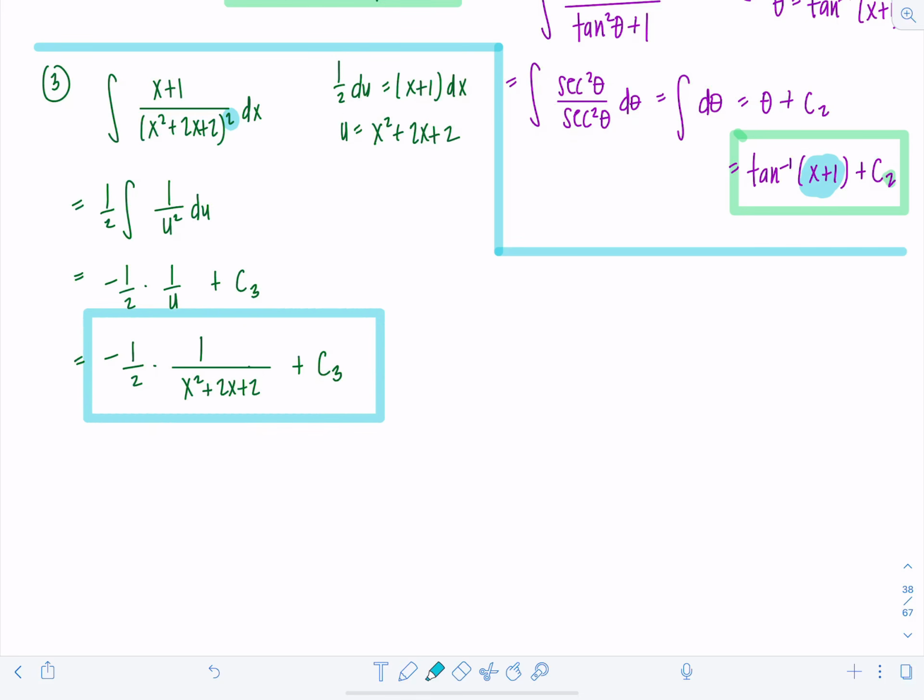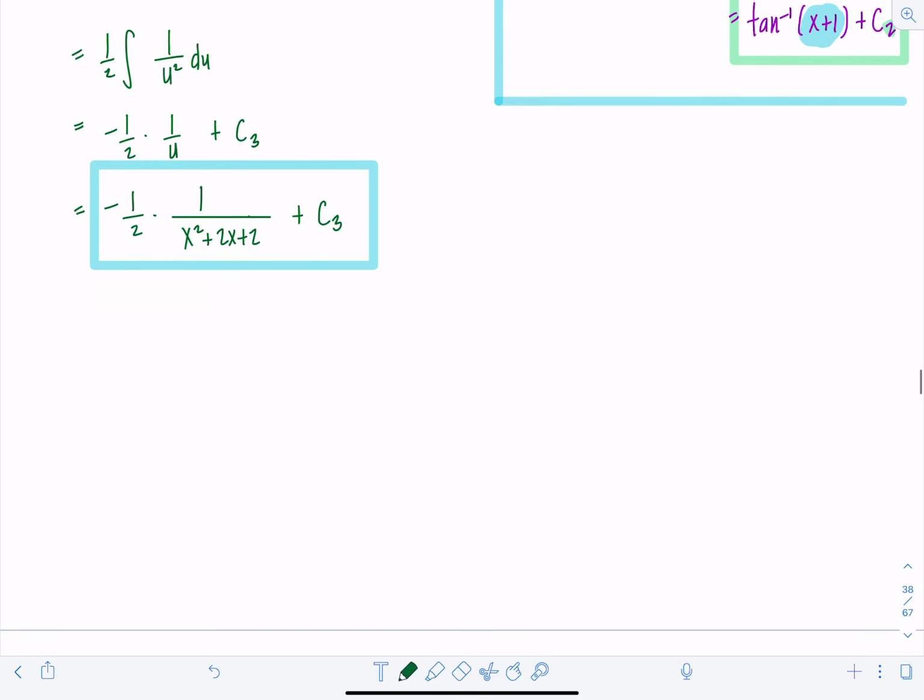Okay, almost there. We are in the home stretch. Integral number 4. Voila. 4 is integral of 3 over x squared plus 2x plus 2 squared dx. Okay, I said this one was going to be a trig sub again, which means we need to complete the square in the denominator.